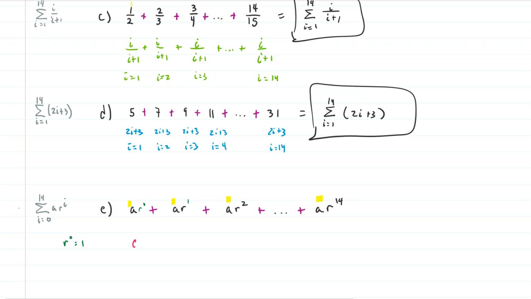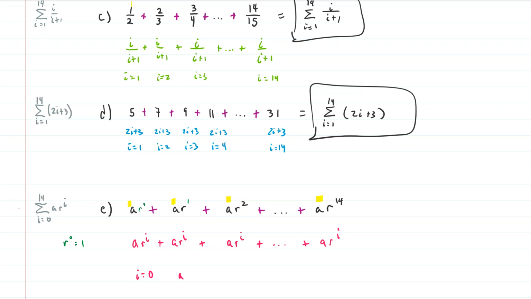Because we could say a is always there, and then a r to the I, plus a r to the I, and we would keep going, a r to the I, and our I's first would be 0, because that would give us r to the 0, which is 1, and the r would disappear, and we would just have a.